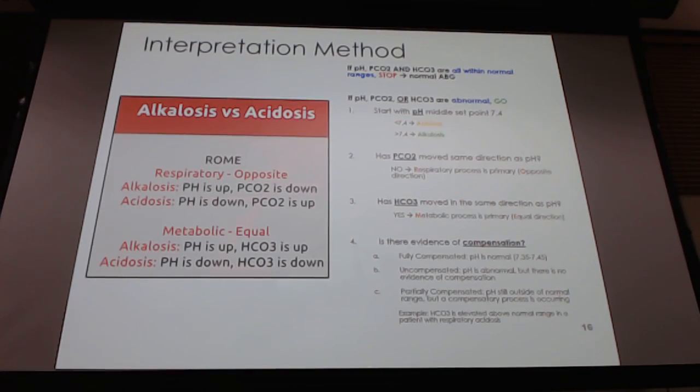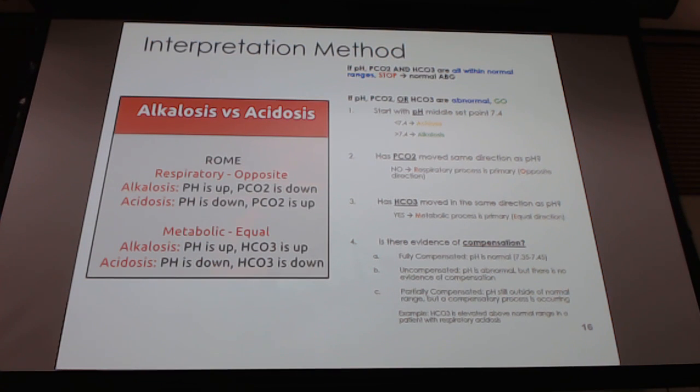So make sure when you interpret them that all three have to be within normal range, and then you can say normal. I like to ask normals on tests. So just take the test, read the questions, do your thing. But if you're worried, don't trust the normal, you can trust the normal.